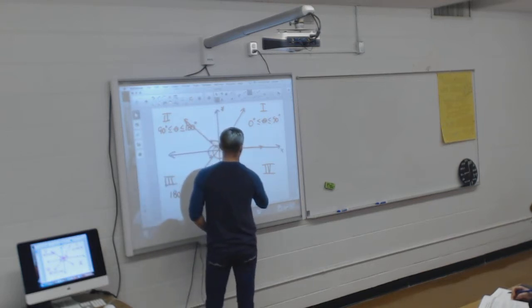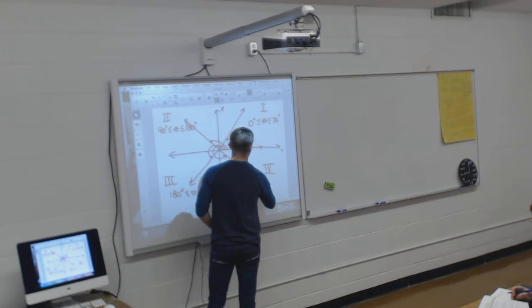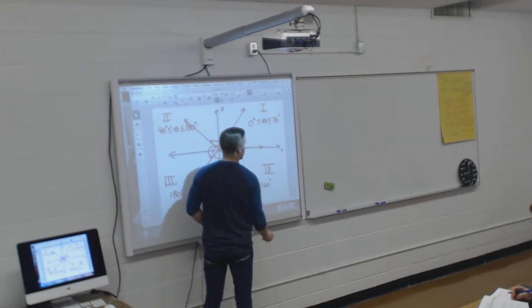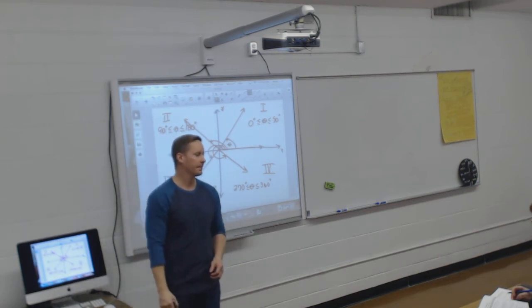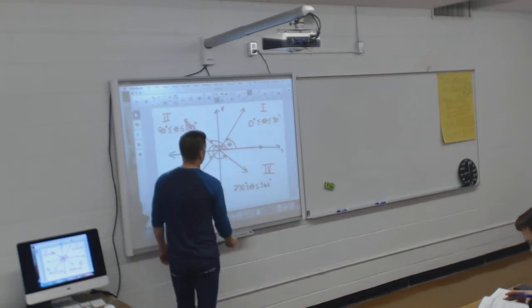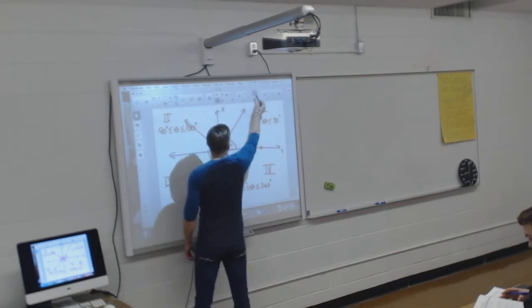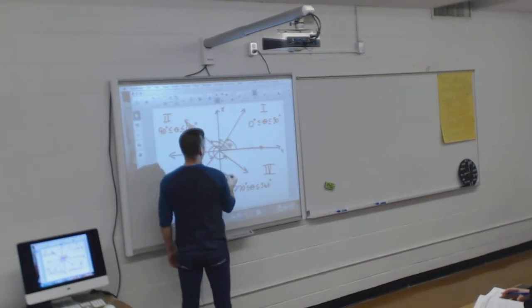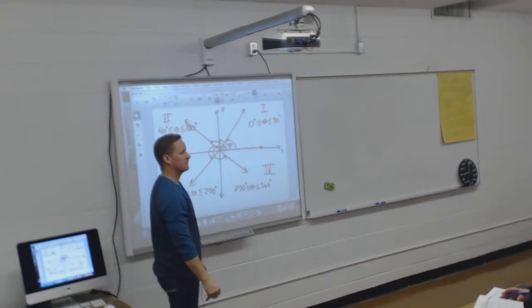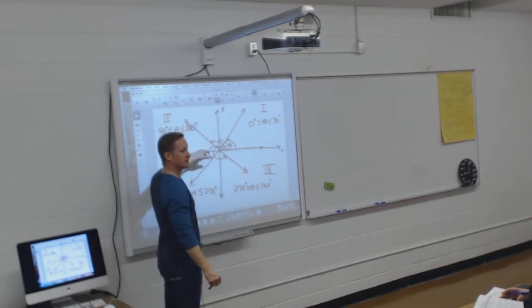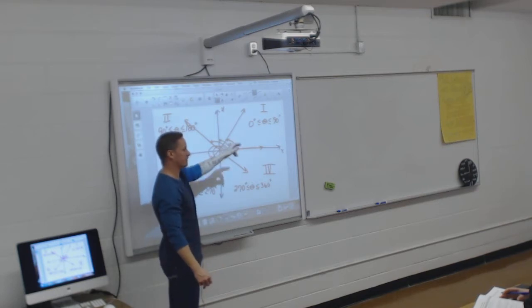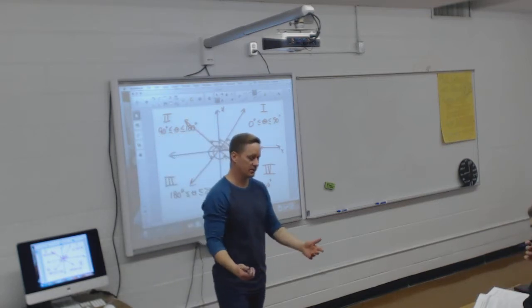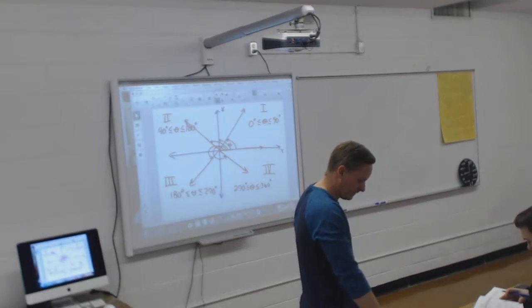And down here is 270 to 360 degrees. So think about how this looks. If I go from here to right here, what is that angle? It's 90 degrees. And then if I keep going, it's 180, 270, and 360. It's not anything that you don't already know.